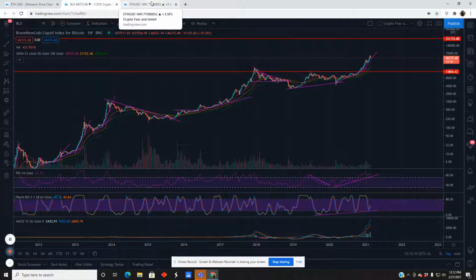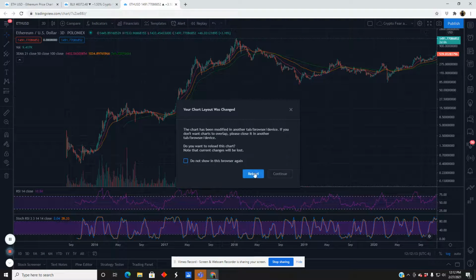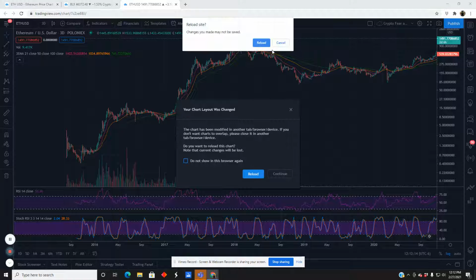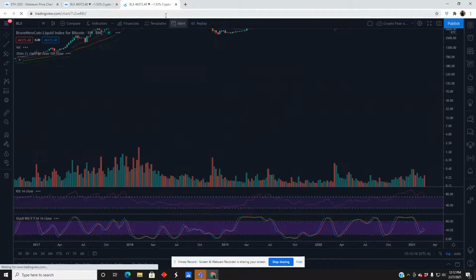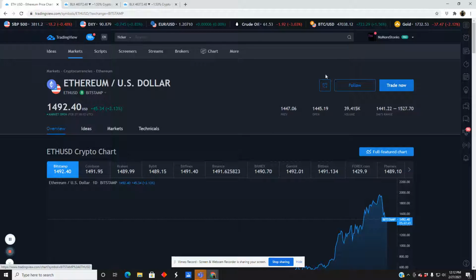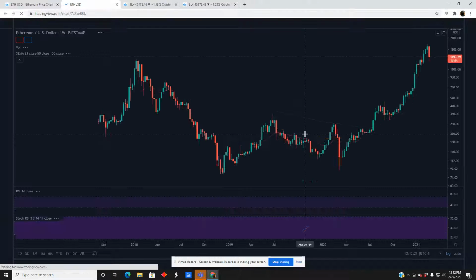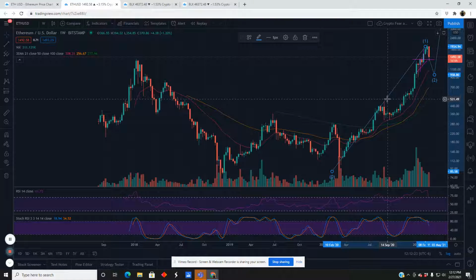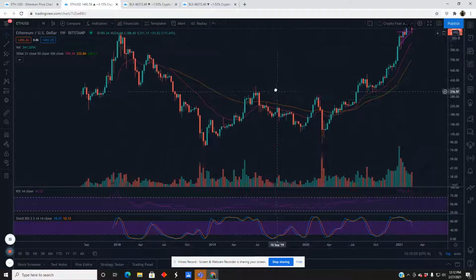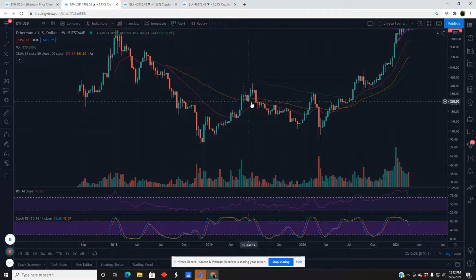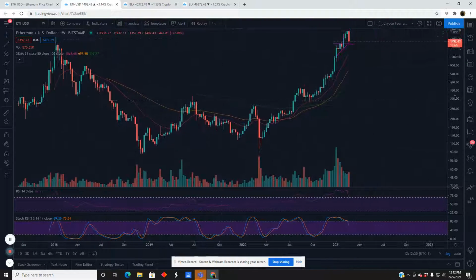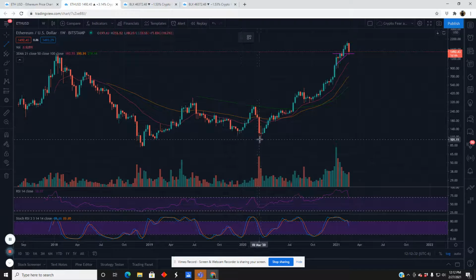Like we can look at ETH here too. Oops, here it is. Okay, so let's go to ETH and get rid of this stuff that I have on here. Okay, so a trend line for ETH would be, start here.